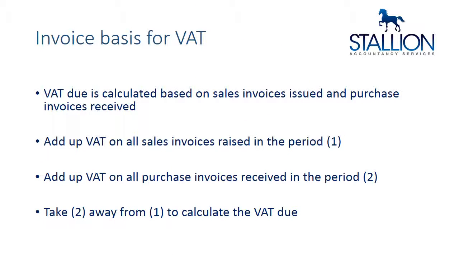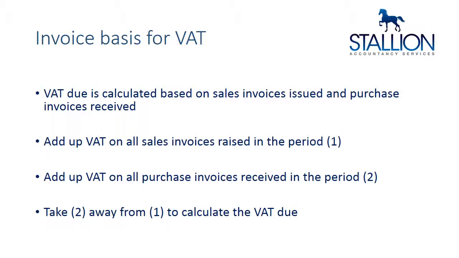To begin with, we'll have a look at the traditional invoice basis for VAT, and this is when VAT due is calculated based on the sales invoices issued and the purchase invoices received in a particular period.